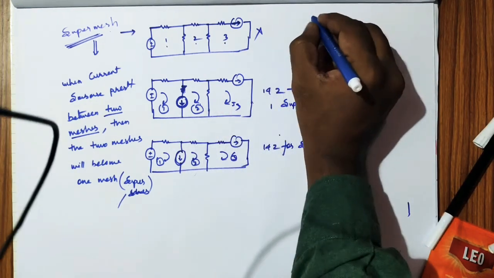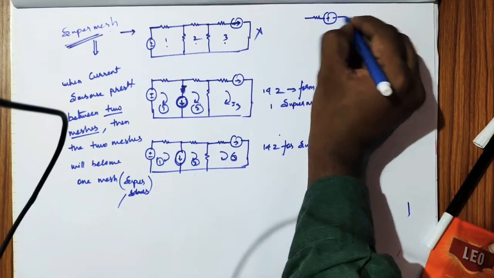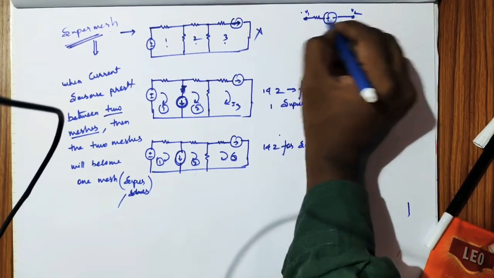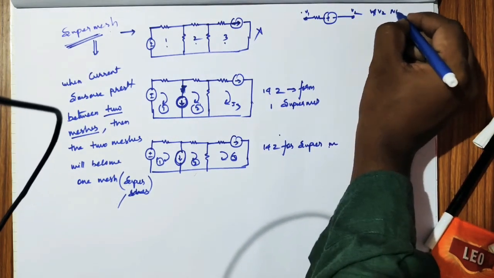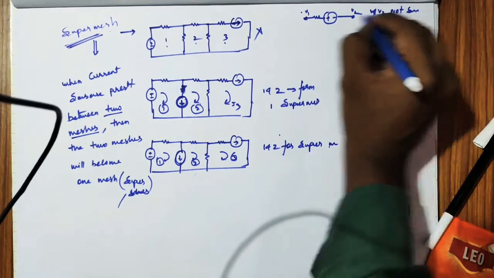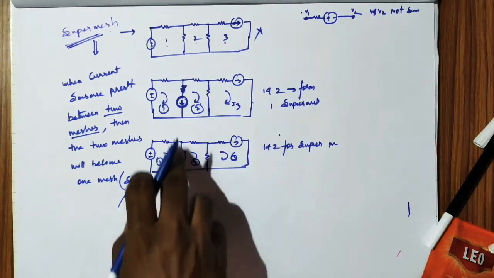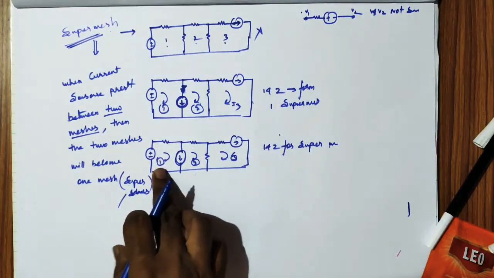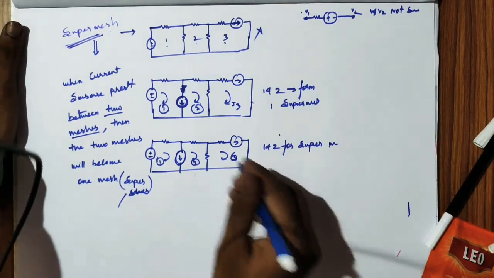But in a super node, if you have a resistance between the two nodes, say V1 and V2, then it is not a super node. Only without resistance does it become a super node. But here, whether or not you have the resistance, it becomes a super mesh. So you need to be careful.